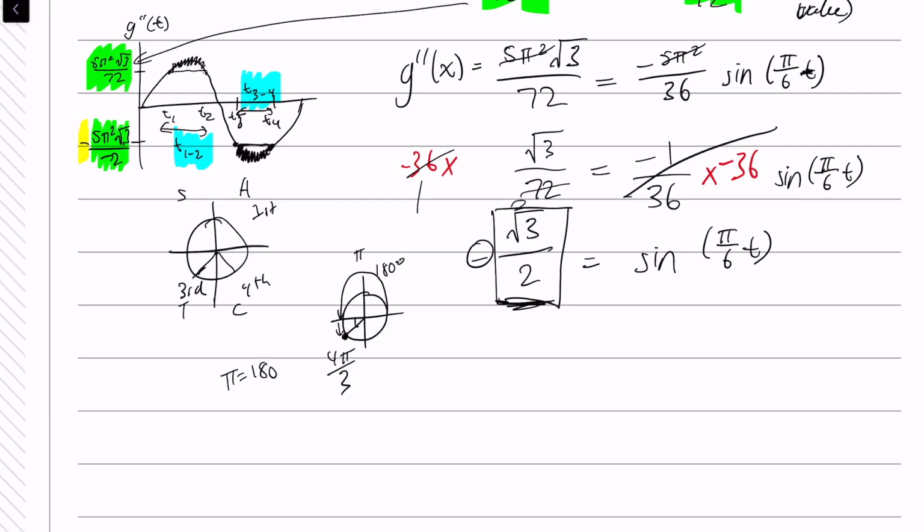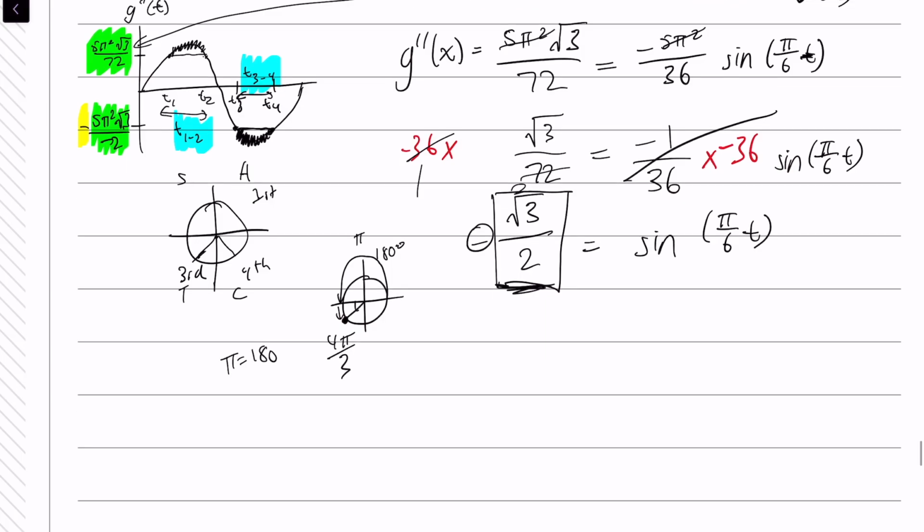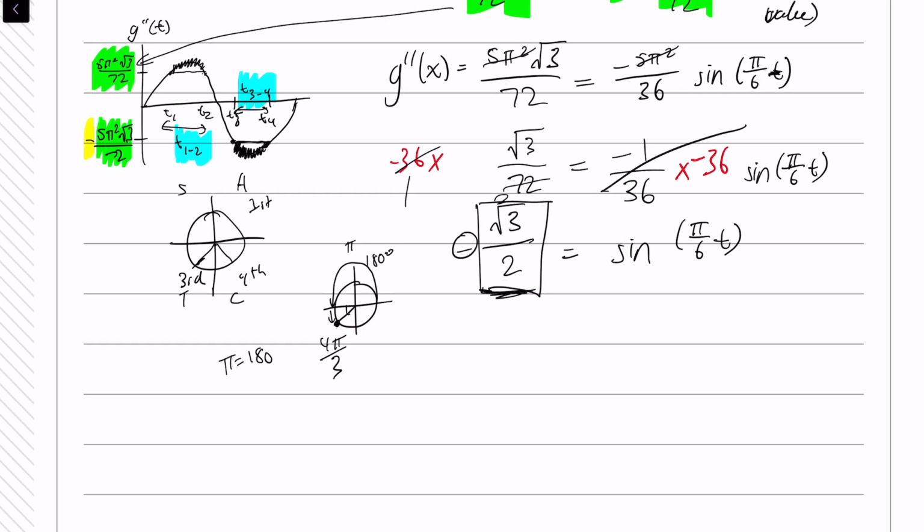So the only real values, with the common right angle triangles, is we have 1, square root 3, 2. I know that 60 degrees is going to be opposite the larger value, and then 30 degrees will be opposite the smaller value, right?